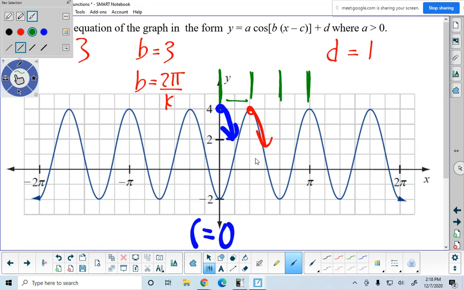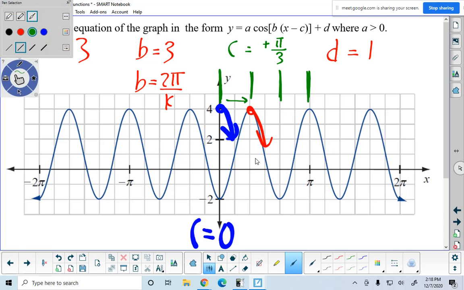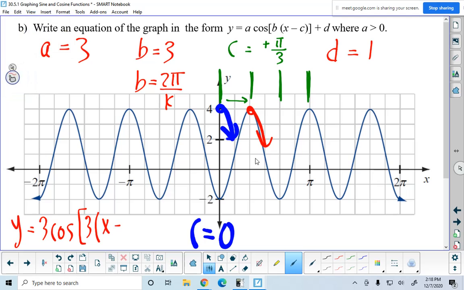So we have to shift it pi over 3 to the right, which means we can use pi over 3 for C. That means the equation of our graph, if we use cosine, is y equals 3, which is A, cosine bracket B, which is 3, x minus C, which is pi over 3, bracket plus D, which is 1.